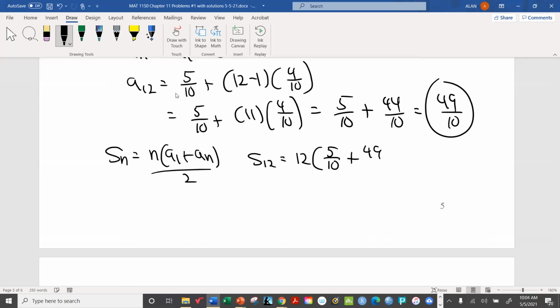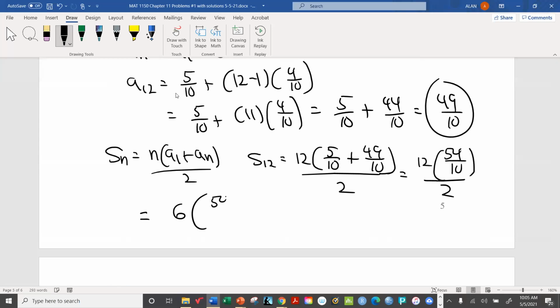The last term is 49 over 10. So we have 54/10. Now 12 divided by 2, of course, is 6. So let's just rewrite it as 6. And then we have 3/24 over 10. That's good enough. You can simplify it, but we can leave it like that as well.